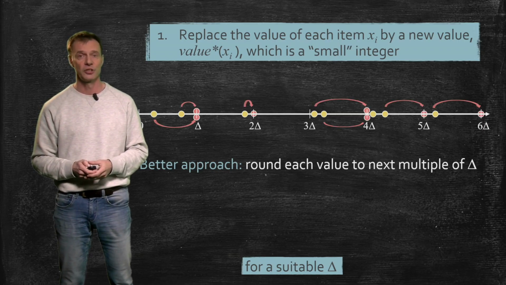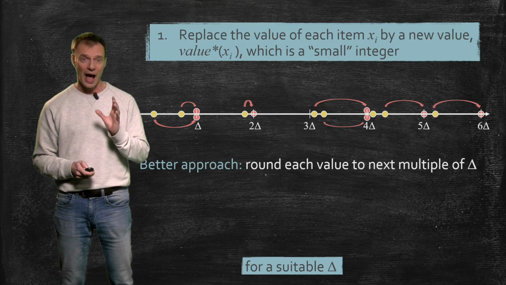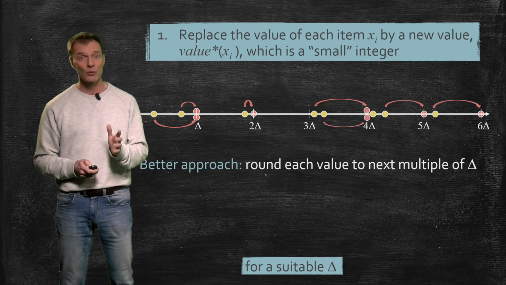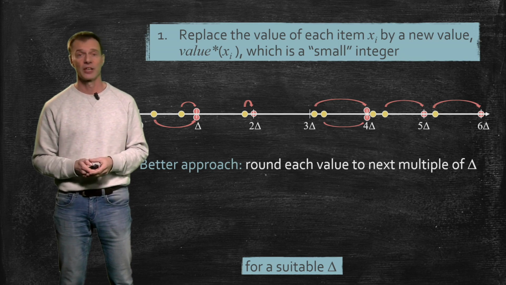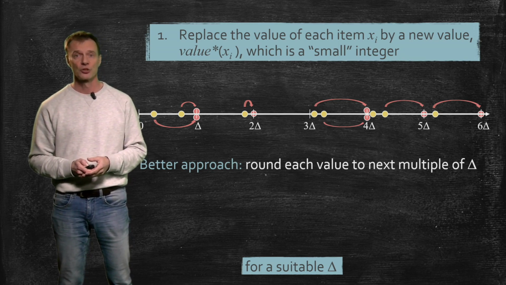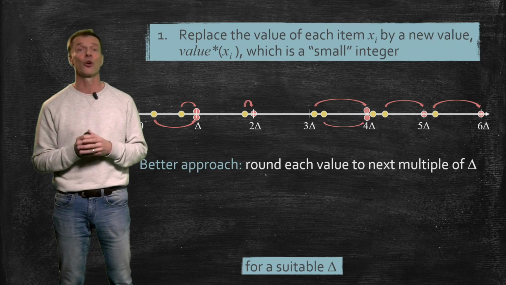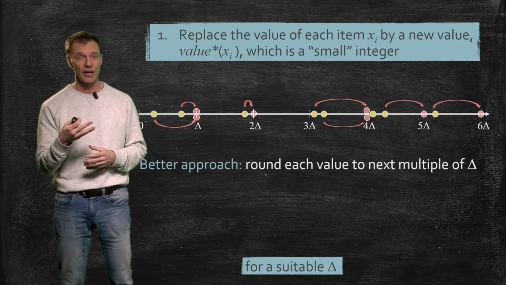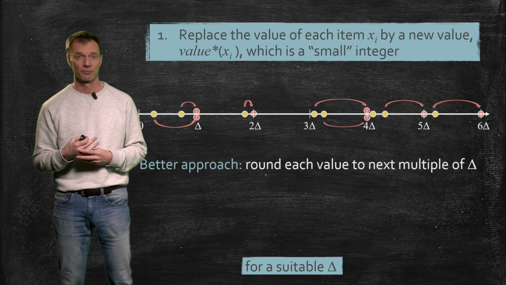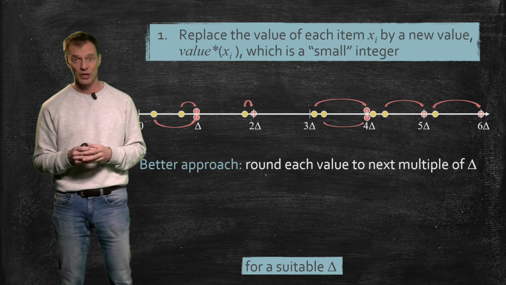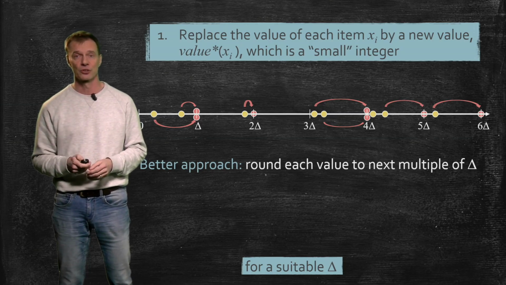So that's what you see here. After doing this, if we round them up, then of course they can still be very large. So now we're going to scale the whole problem by dividing everything by delta.